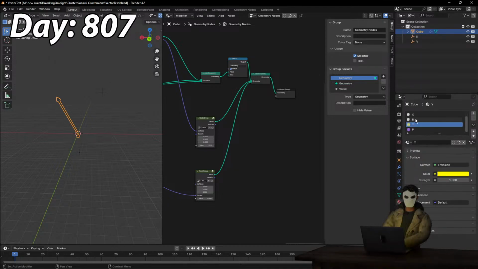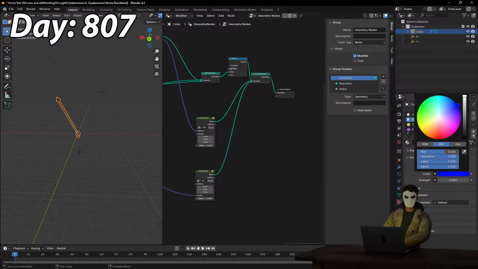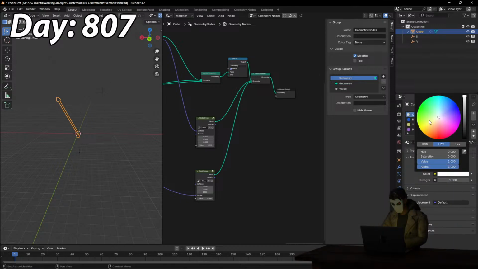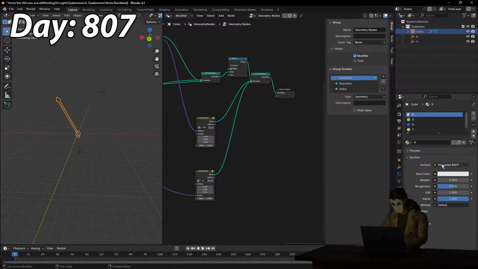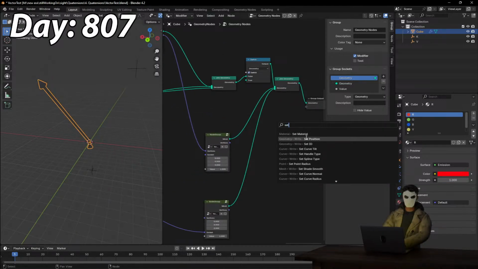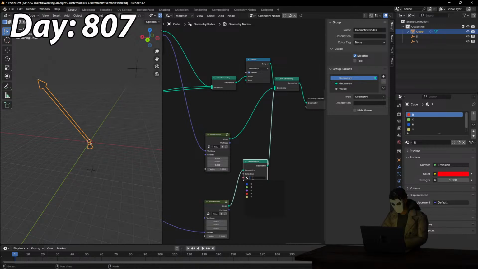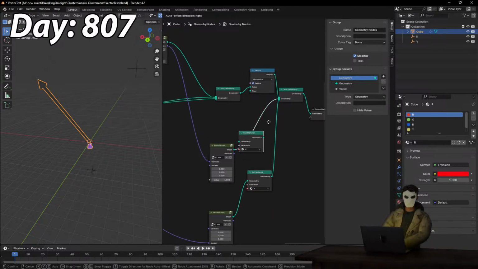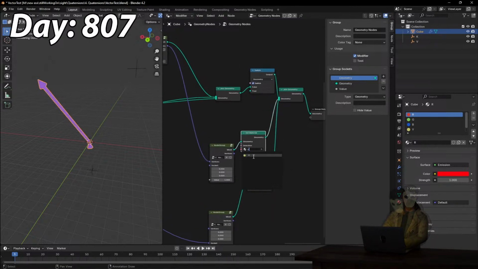And now let us begin tests. So set you to be purple, let's set you to be yellow.